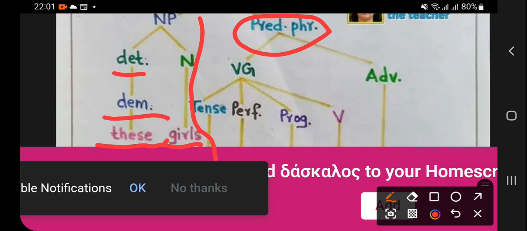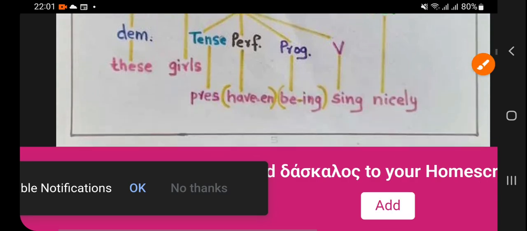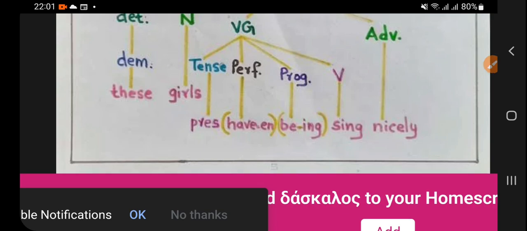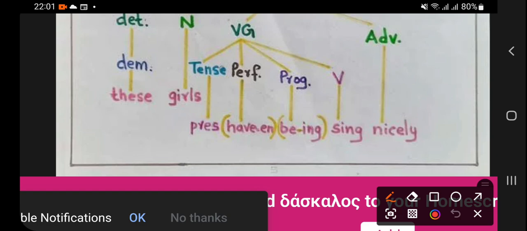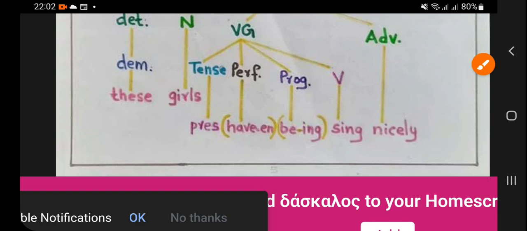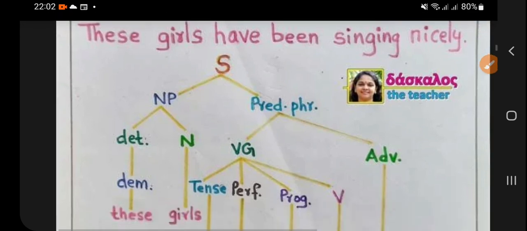Now the predicate phrase is divided into the verbal group and the adverb. How? I'm telling you. The verbal group, because a number of verbs are used here. So what is the verbal group? The sentence has been singing nicely.